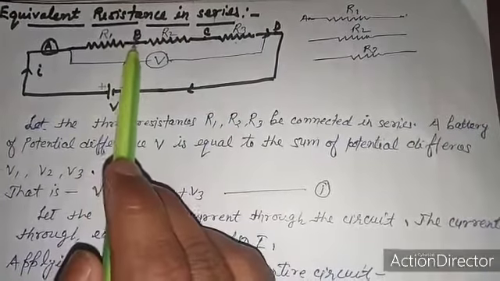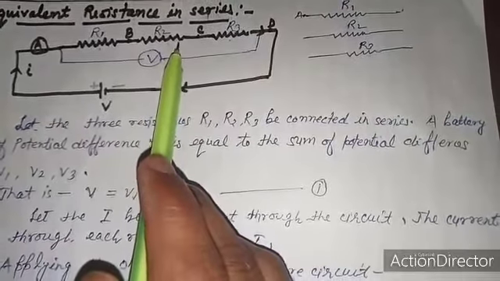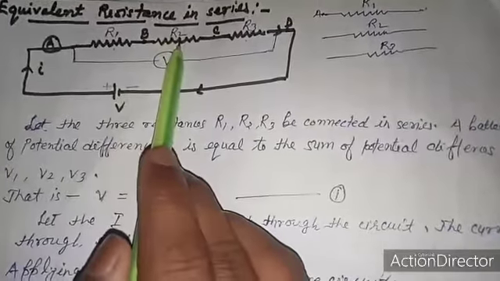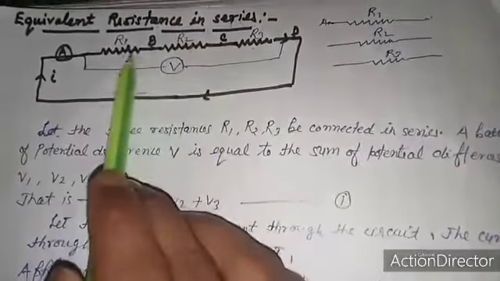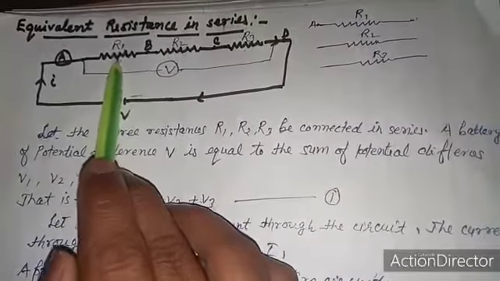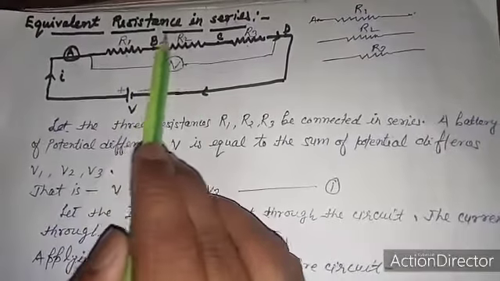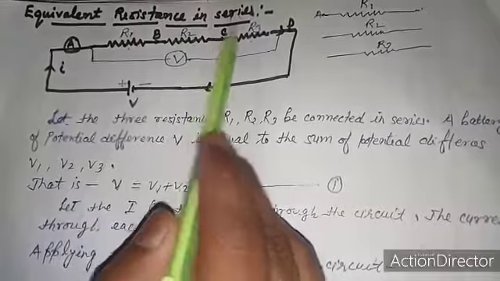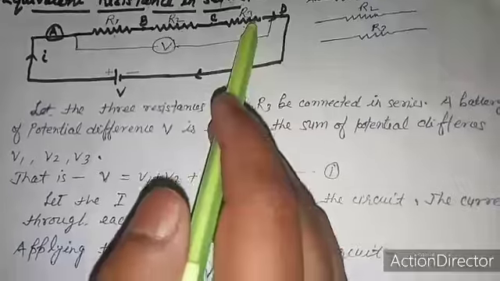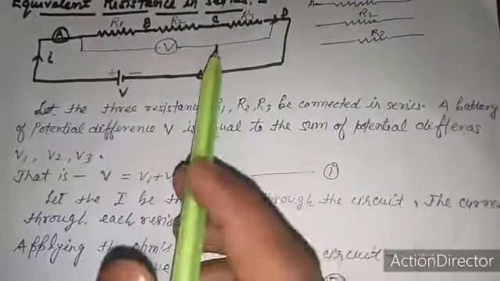In this combination, these resistances are joined in series combination because a combination in which resistances are connected end to end is known as series combination. Let us find out equivalent resistance in series.